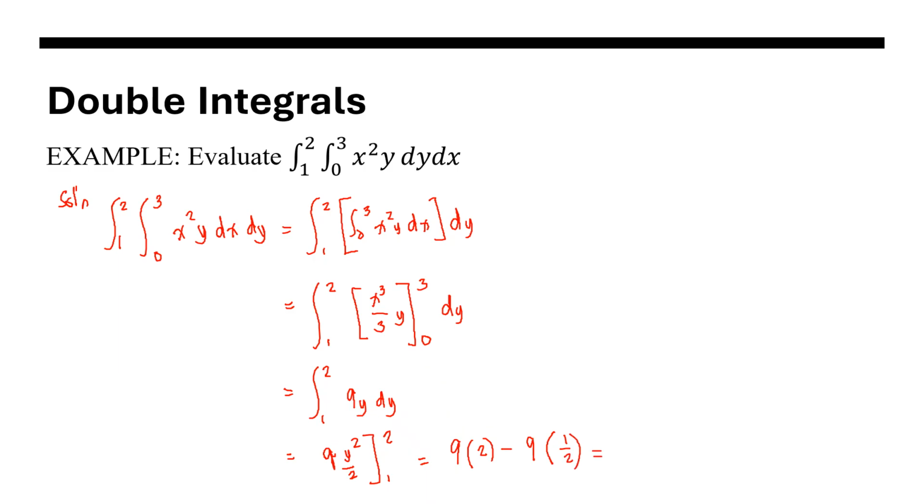So that becomes 18 minus 4.5. So that is 27 over 2.